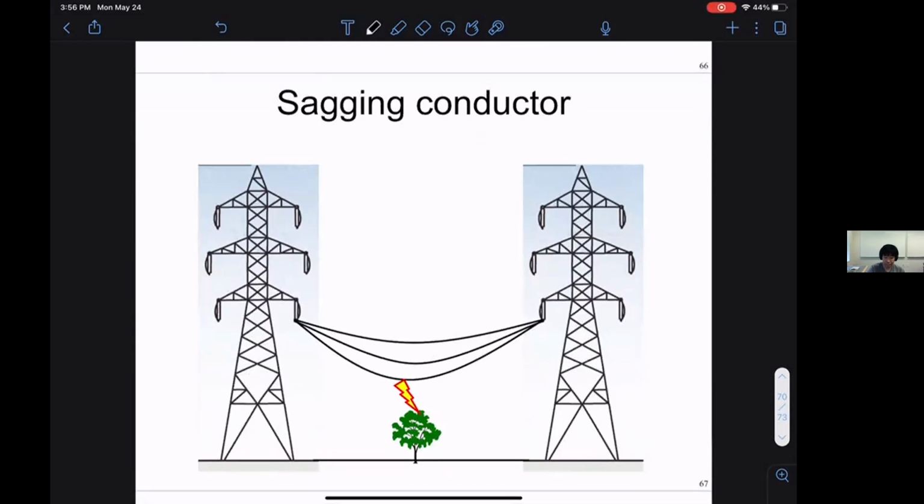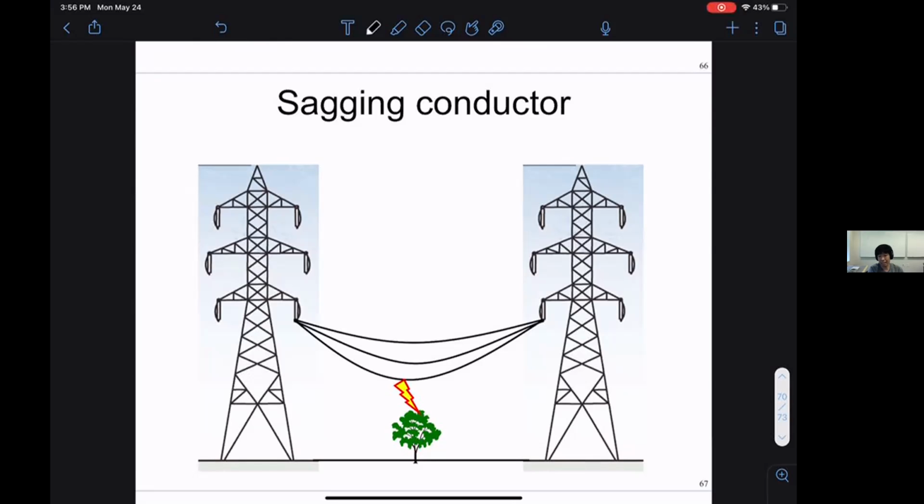This is a situation we try to avoid. Cutting trees or doing tree clearing is a big part of a utility or power company. There are dedicated units in power companies whose whole job is to make sure you don't have trees growing too close to power lines. Once this power line heats up, it will sag. When it's windy, it will sway around.